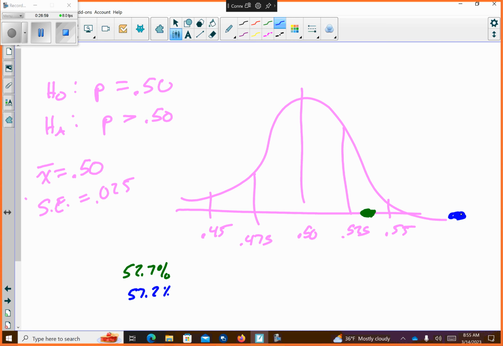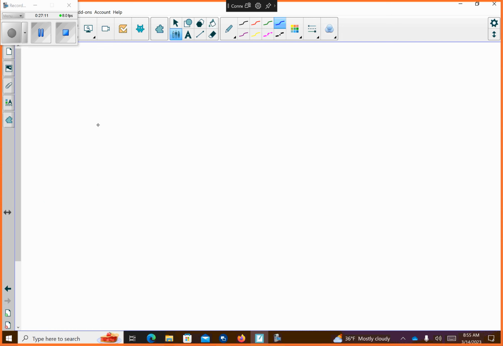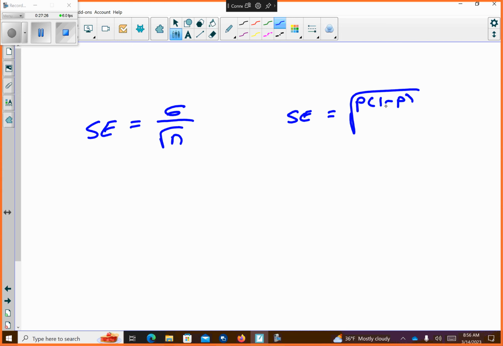So we're going to finally start converting to the p-value. We will be able to reject or fail to reject the null hypothesis based on this p-value. And just a couple of things that we've done. So we have the standard error equation. We have to go back and remember a few things.